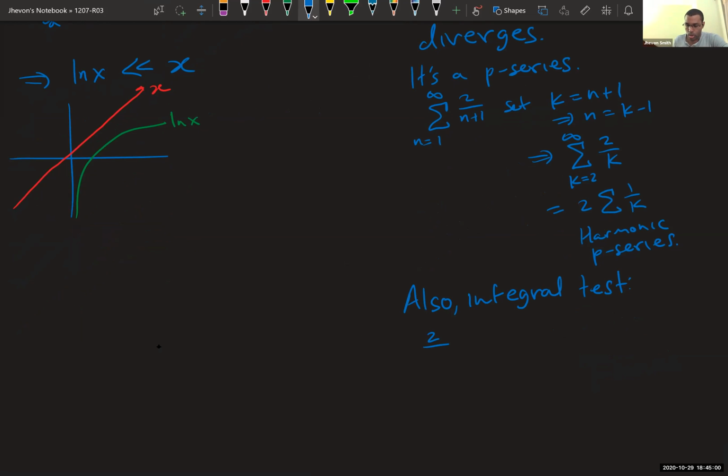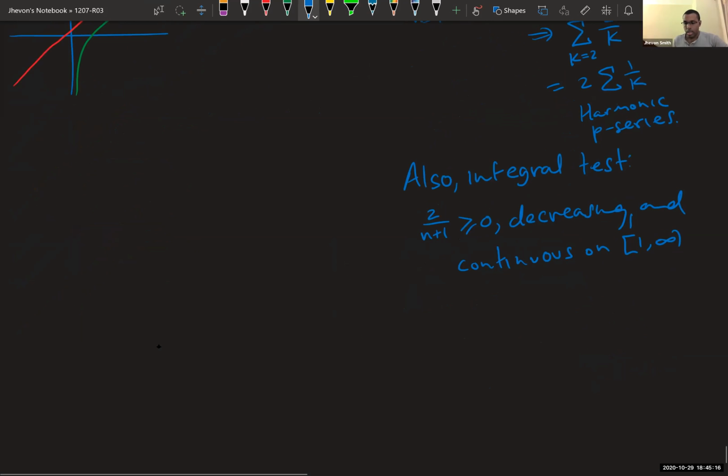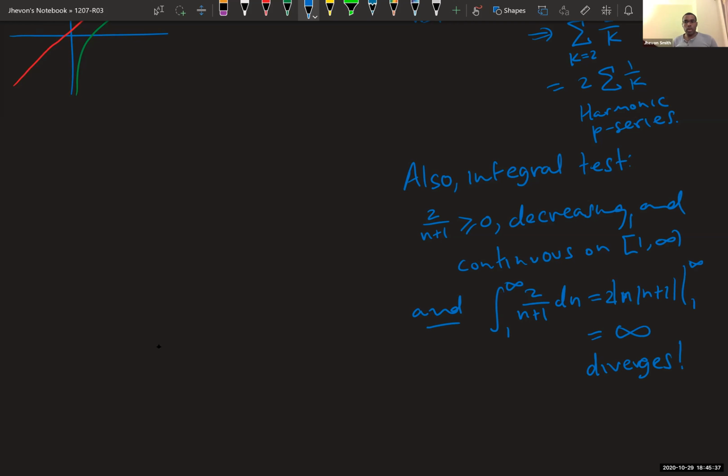You notice that 2 over n plus 1 is greater than 0, decreasing, and continuous on 1 to infinity, and the integral from 1 to infinity of 2 over n plus 1 dn is going to be equal to 2 ln of n plus 1 between 1 and infinity, which equals infinity, so it diverges. So a couple different ways.